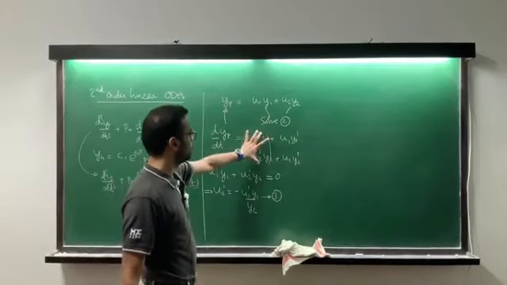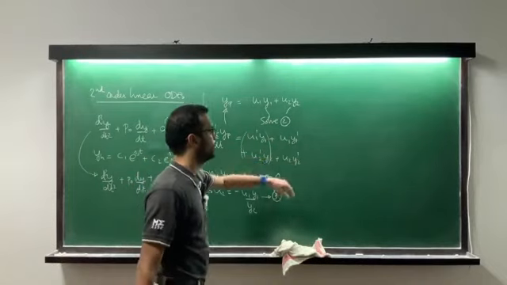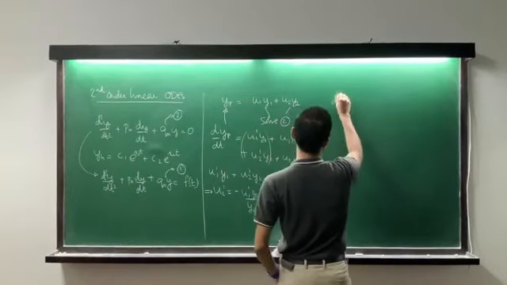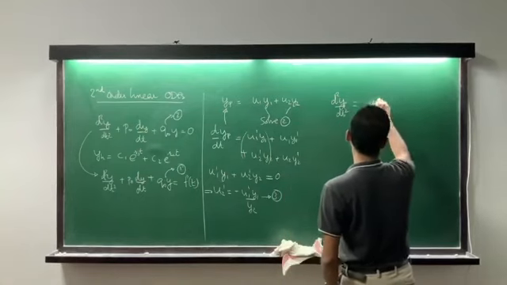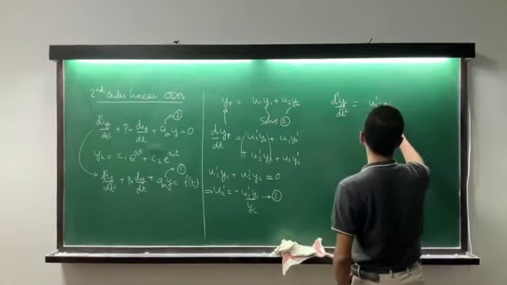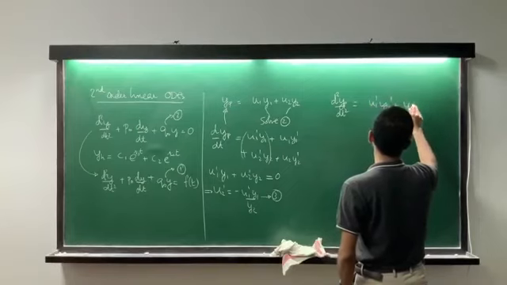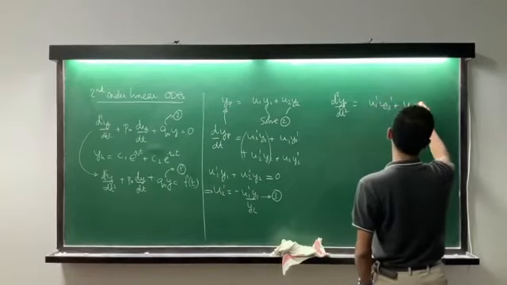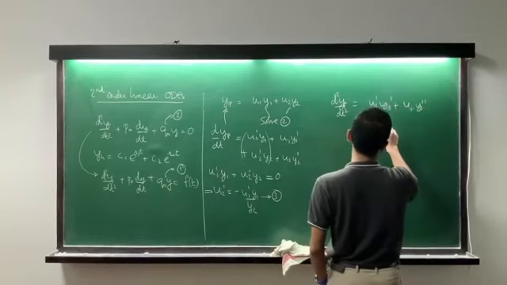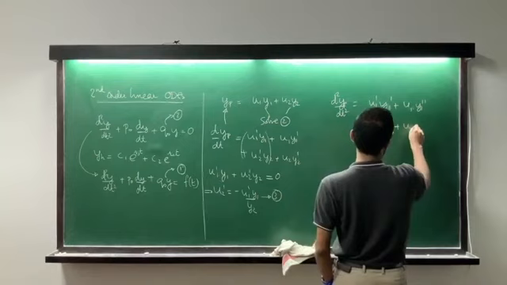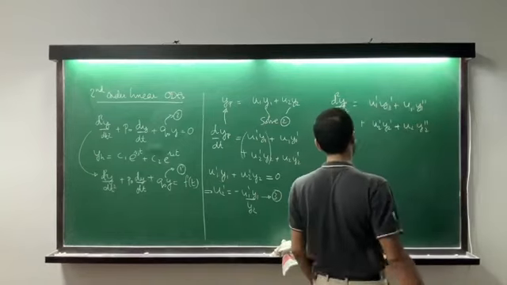Now, since these two terms sum to 0, dyp dt is only this, and so if we continue to do the second derivative, you will get u1 prime y1 prime plus u1 y1 double prime, two terms from this, two terms from this, you get u2 prime y2 prime plus u2 y2 double prime.